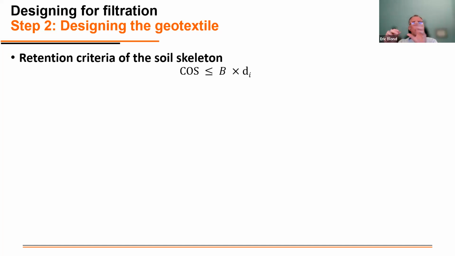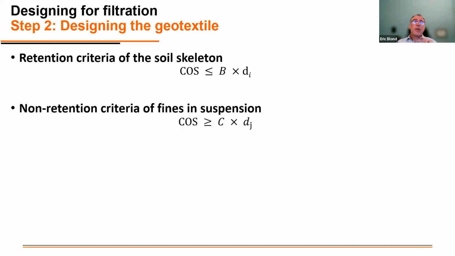It's a generic approach which piggybacks on local codes and practice to propose a solution. So the opening size would be defined as a constant value multiplied by an indicative diameter of the soil. And this indicative diameter of the soil will depend on the type of soil. If it's a gap-graded soil, it's going to be typically the largest dimension of the gap, etc.